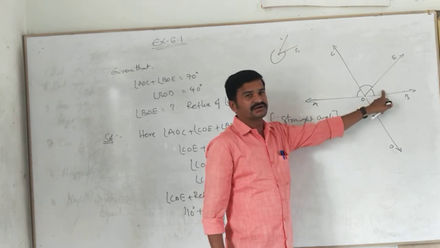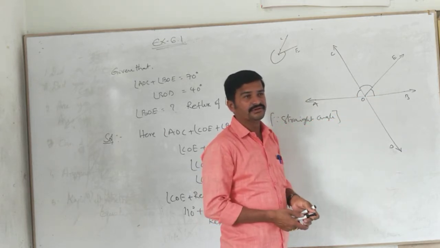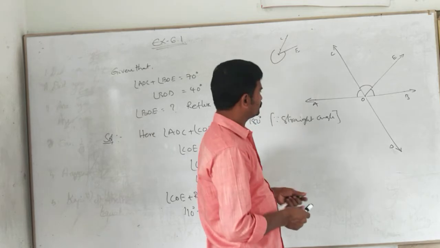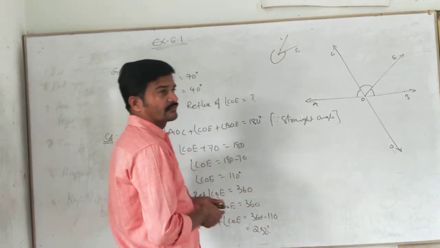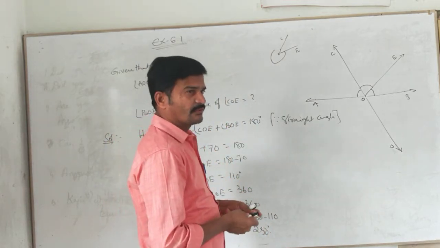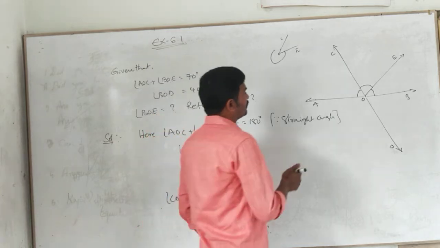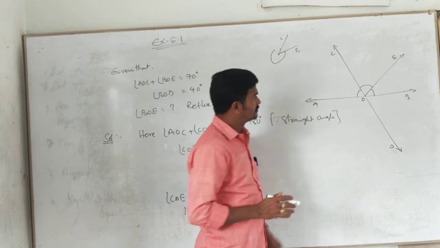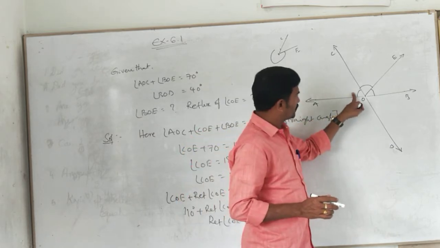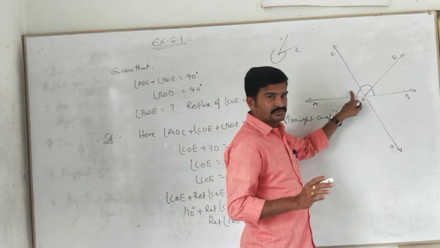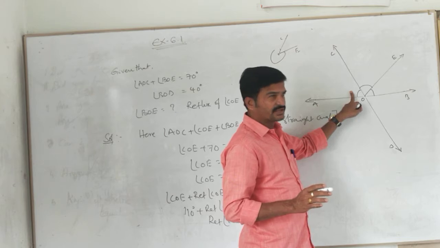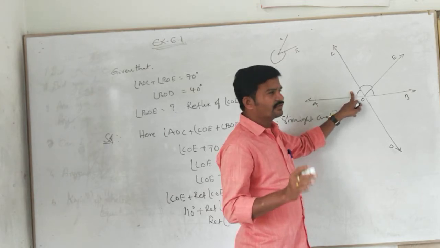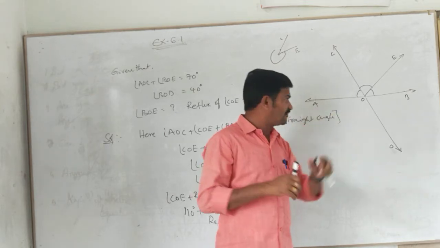Totally 70, but what is the x value? No problem if you have any idea. Look here. 110 plus 40, 150, 180 minus 50. How is it? Okay, let us see, I will tell what it is.